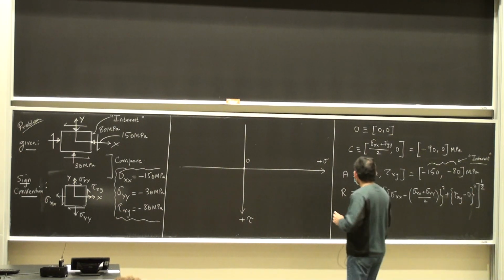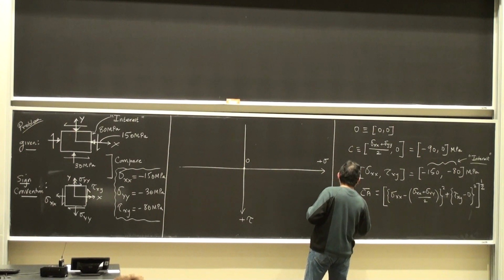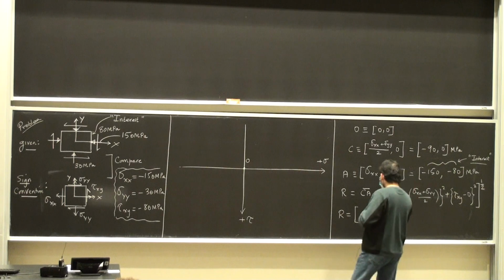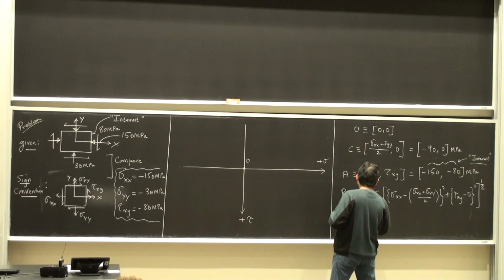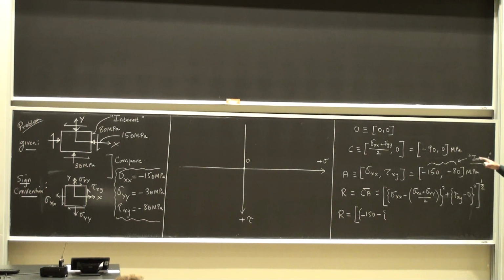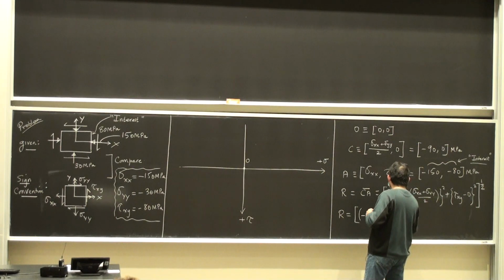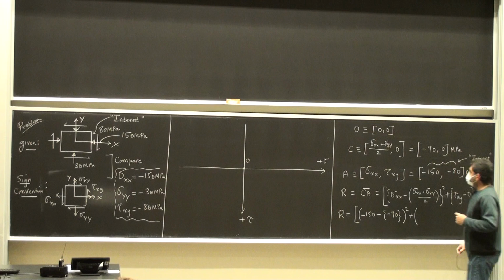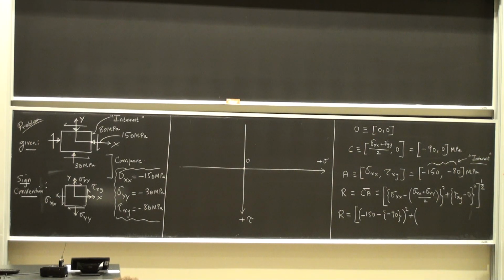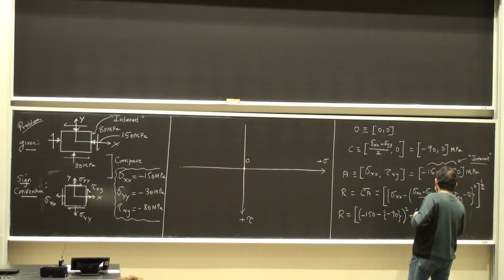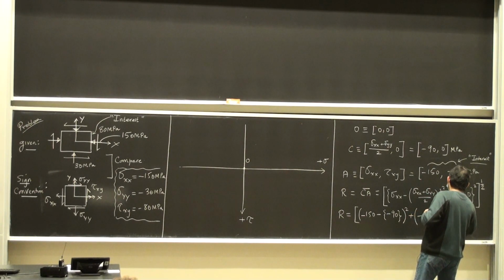If you do the substitution, sigma xx is minus 150, minus sigma xx plus sigma yy by 2 is nothing but the center point, so that's minus 90, whole square, and then tau xy is minus 80 and 0, all to the power 1 by 2.